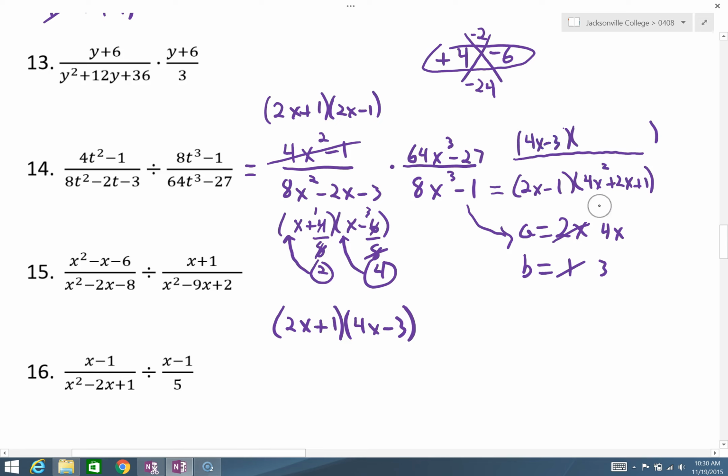Now, a squared, that's quantity 4x squared, that's 16x squared. Plus the product of these, 3 times 4x, that's 12x. Lastly, this one squared. 3 squared is 9.